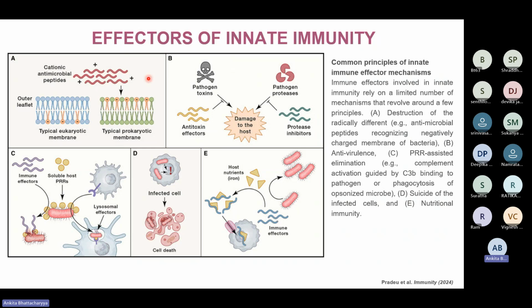Finally, for E, we see nutritional immunity, whereby the immune effector is triggering the release of certain host nutrients, which are very iron rich, and therefore that is used to tackle invasion by a pathogen. So these are the different effectors of innate immunity.